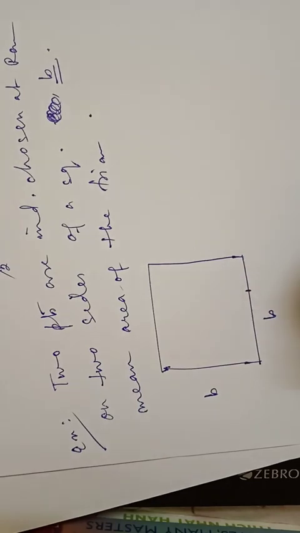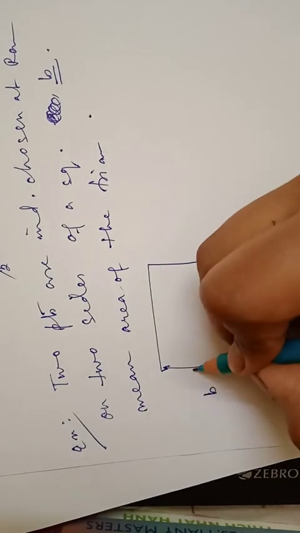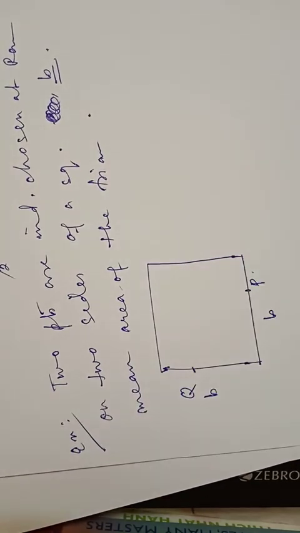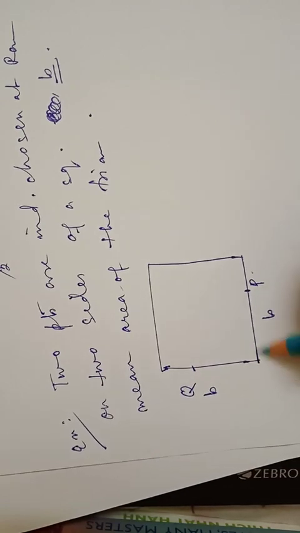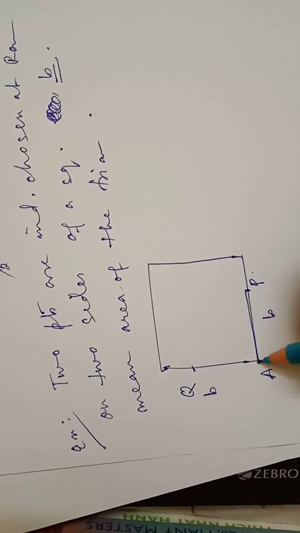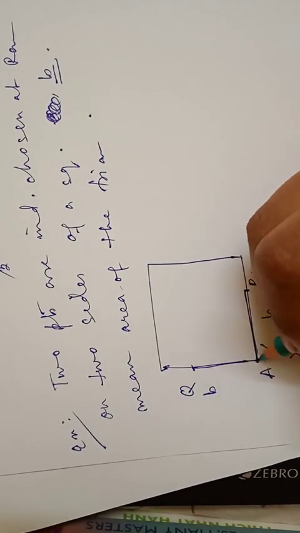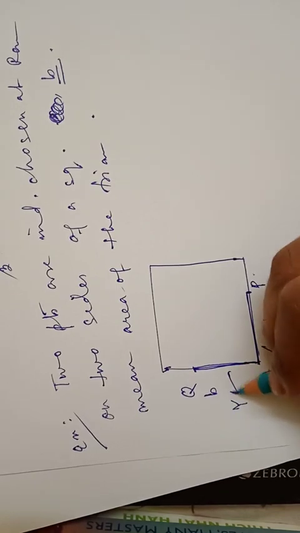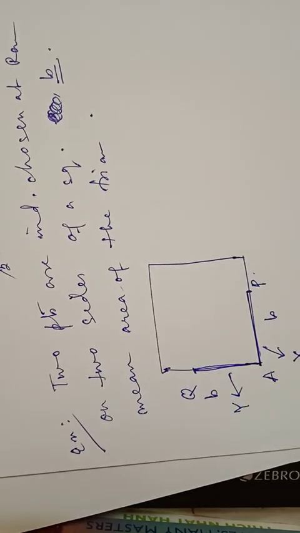Suppose I am choosing here first one P and here first one Q. They are chosen at random. That means by choosing this length, suppose this point is A, so AP if denoted by the random variable capital X and AQ is denoted by the random variable capital Y, they must be two uniform random variables because the points are chosen at random. Now we know what is the uniform distribution's probability density function.